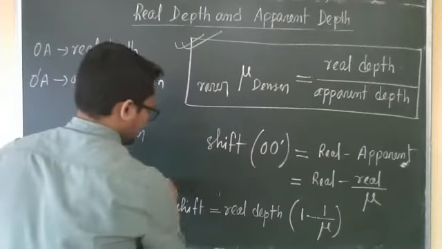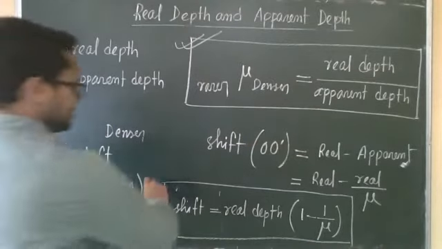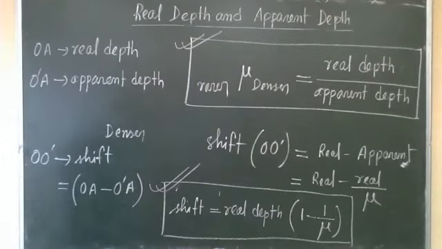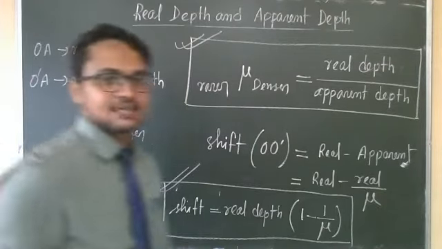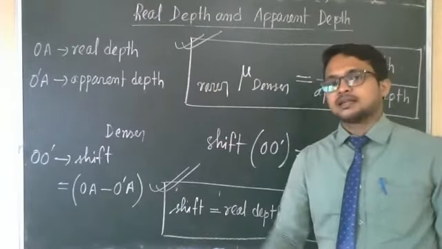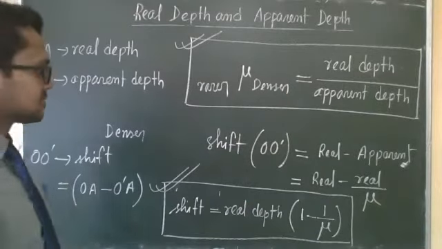Here mu is the refractive index of denser medium with respect to rarer medium. Very important: all these things we are discussing for the case when the object is in the denser medium and we are seeing from the rarer medium.